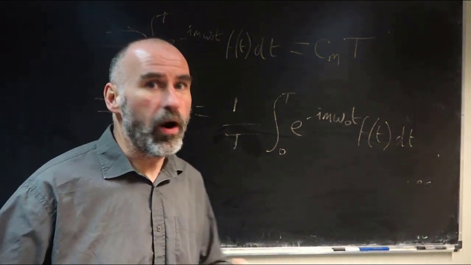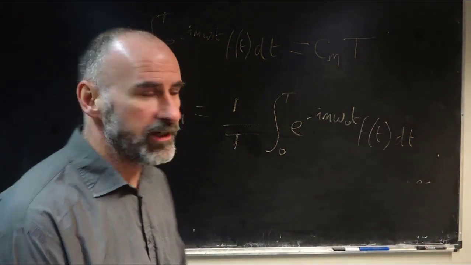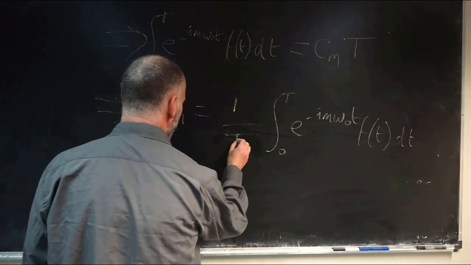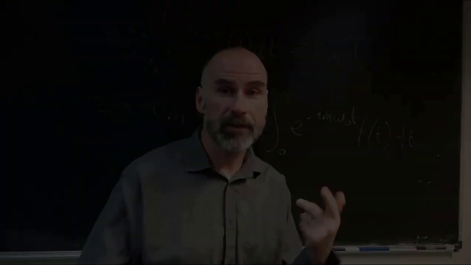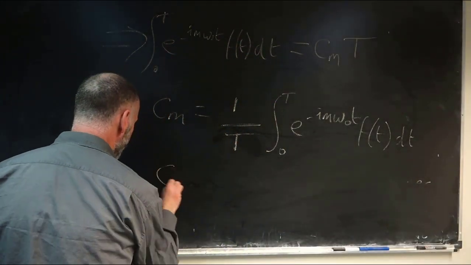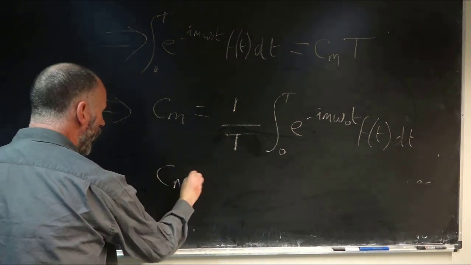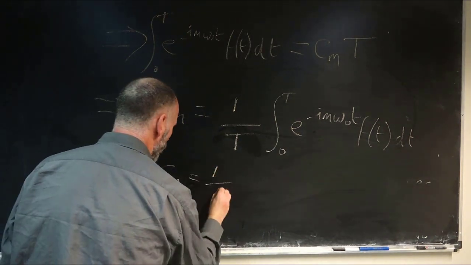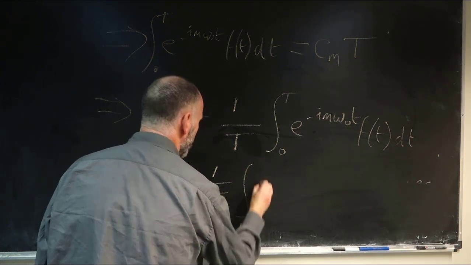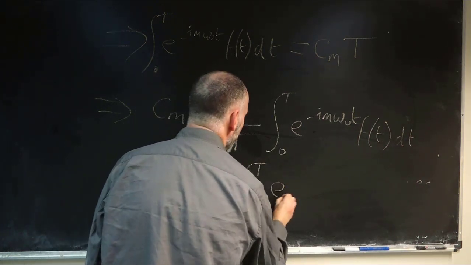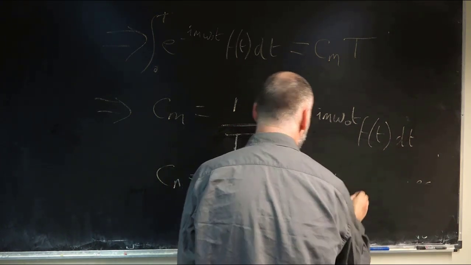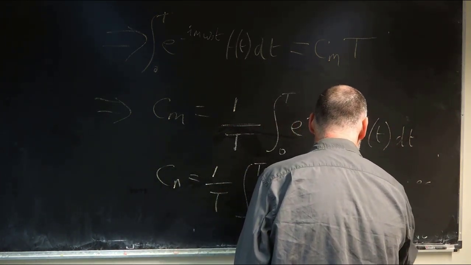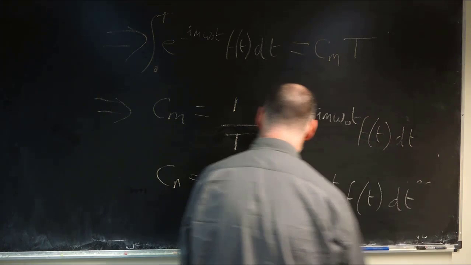And that's true for m, j, k, l, whatever index you want to use to label the basis function. Similarly, we can just now write this as Cn, doesn't matter what we call the label, is 1 over T, the integral of e to the minus i n omega 0 t f of t dt.